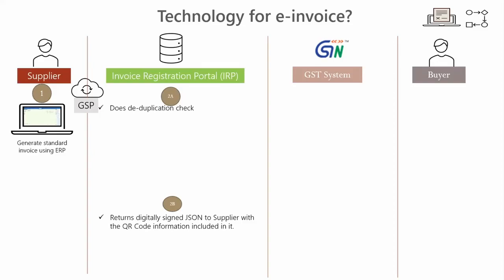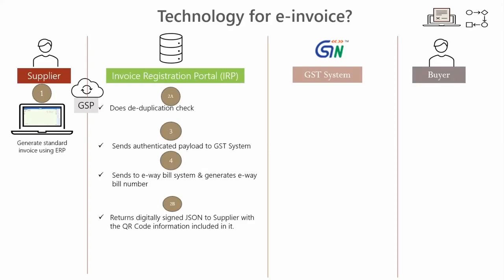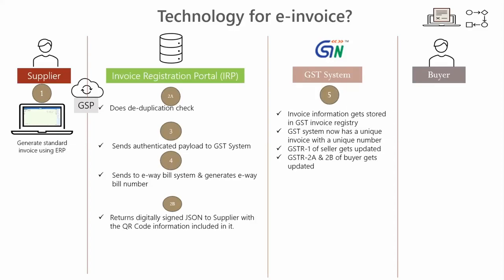This is happening technologically. We don't need to interfere or check what is happening, but you should be aware of how things are working. It returns it digitally signed to the supplier, sends the authenticated payload to the GST system, sends it to the e-way bill system, and generates the e-way bill number. So these are all the functions happening on the IRP. What is the GST system doing?